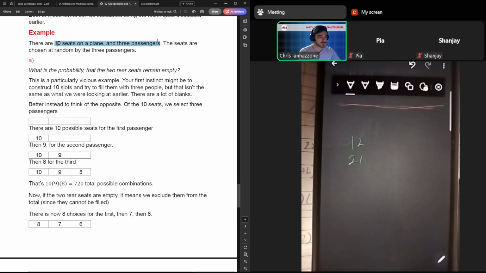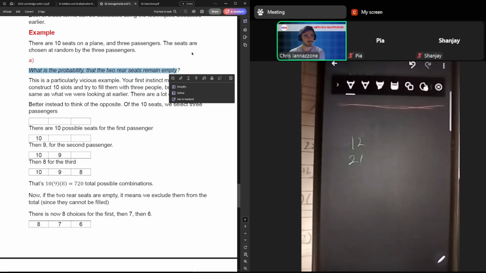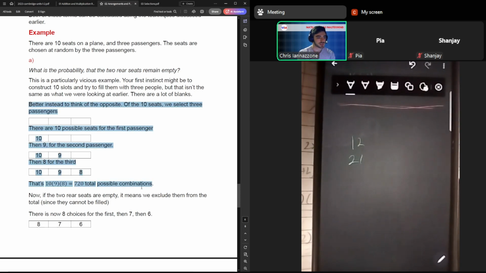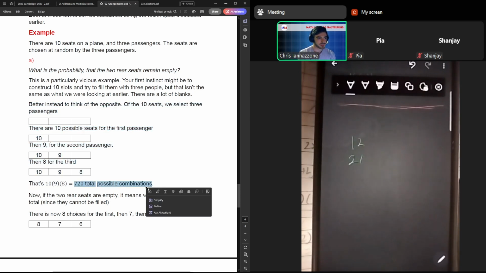Sometimes you might have to reverse what feels natural to solve it. Now, this question in particular was to ask, what's the probability that 2 rear seats remain empty? And we'll get to answering that in a moment. What we've done here is figure out n, capital N, the total number of possible combinations. So without any restrictions, that's the total number of possible combinations.